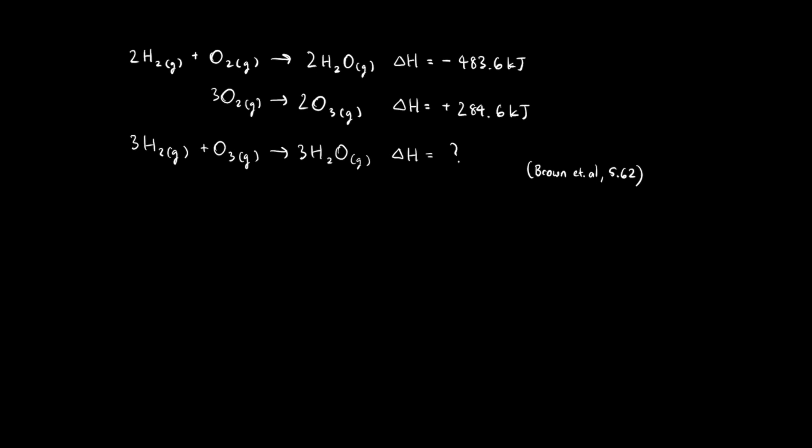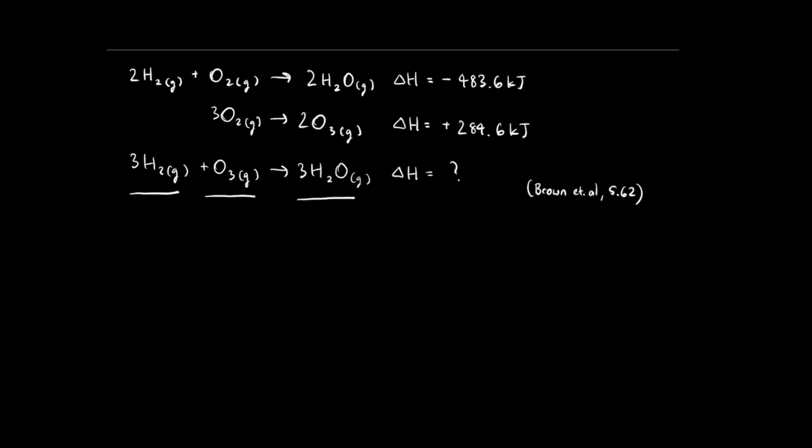Now, looking at a bit of a tougher problem, here we see that our final equation wants us to have 3 hydrogen molecules, 1 O3, and 3 water vapor molecules. If we look at the equations up here, we have 2 water molecules here, we have 2 hydrogens here, and we have O2 here and O2 here.